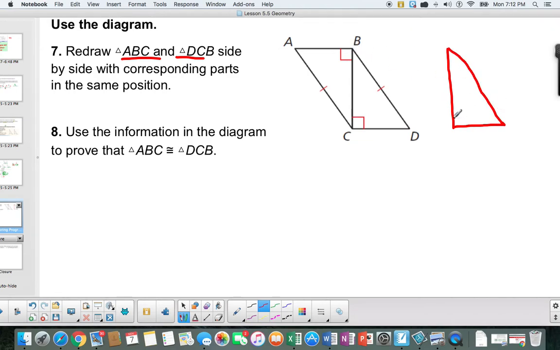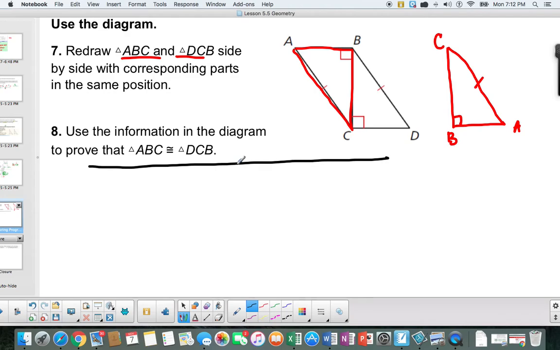Here I'm going to put a right angle, and that's the letter B. And then this long part, I'm going to put a C. And this must be the short part, which is A. So I took this triangle and I have redrawn it over here. So these triangles look the same. And you can see by the given, we already have a pair of hypotenuses and we have a right angle. So let's see if we can go ahead and write the theorem.